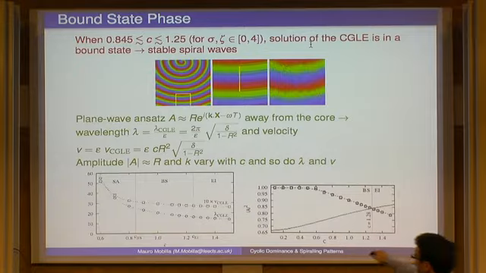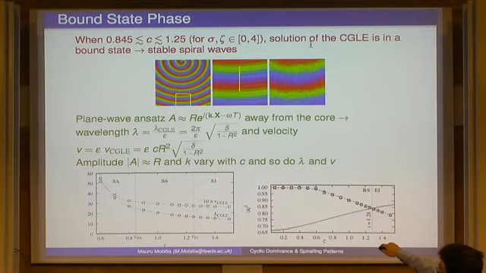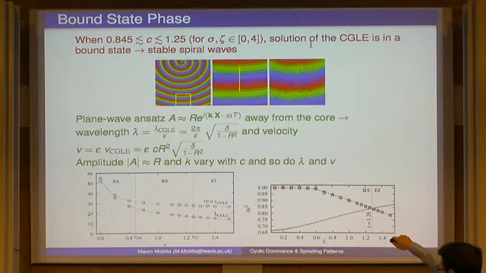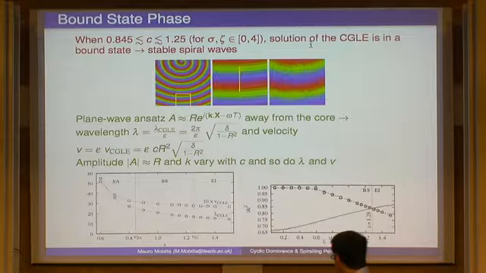That's the amplitude A, that is approximately R when we do this plane wave ansatz. And in the bound state phase, which is 0.85 and 1.125 here, you see that A and R vary with the CGLE parameter C.